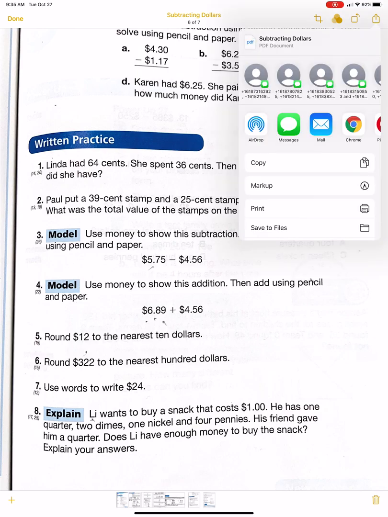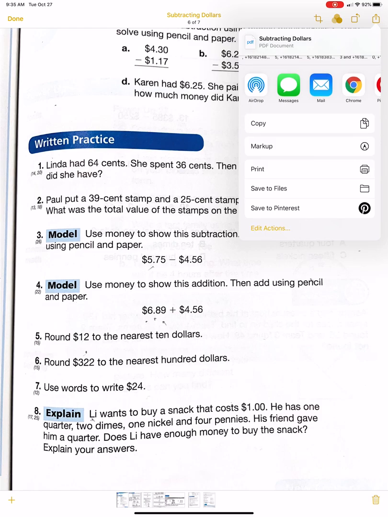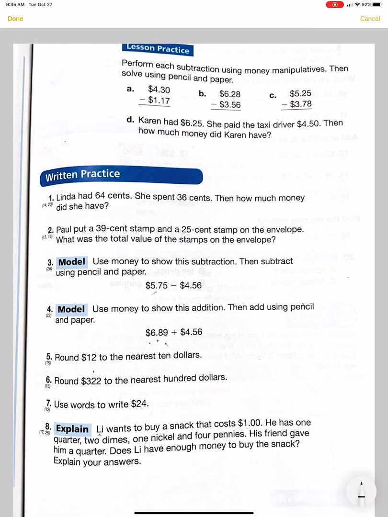Linda had 64 cents. She spent 36 cents. How much money did she have left? So this is a subtraction problem. Okay, and as some of us would say, there's more on the floor when it comes to 4 minus 6.